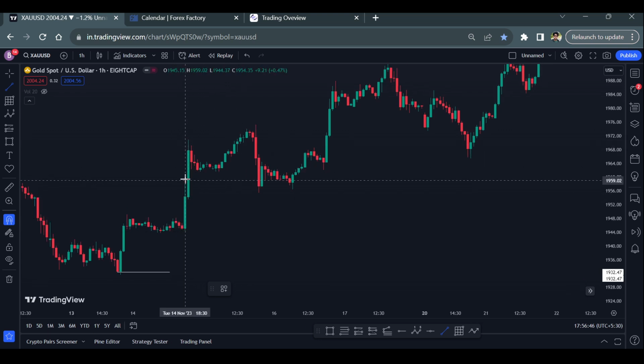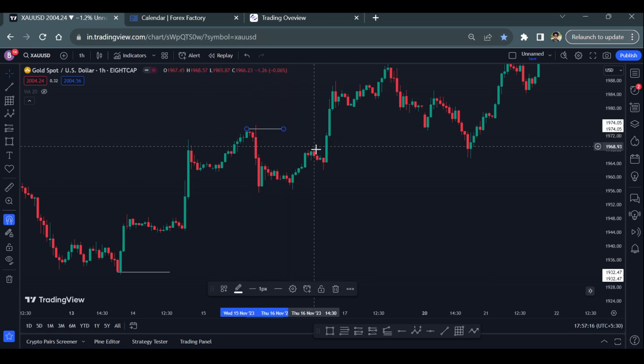Whenever you place your cursor on the top, you can see open, high, low, close in green. Below this candle there is no candle closing. After that there is a candle closing above this candle here. So what happened? The low of the green candle has been taken by this bearish candle. So for me, this high is confirmed here.